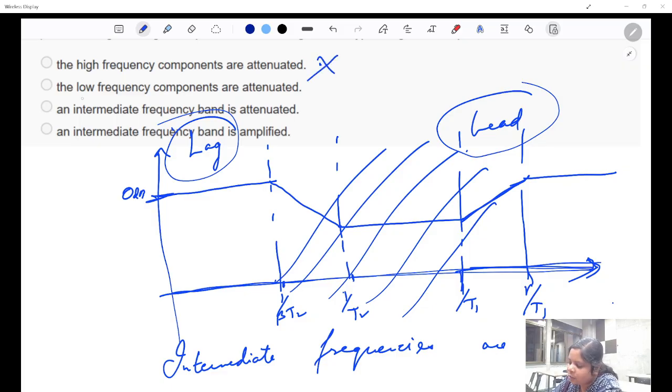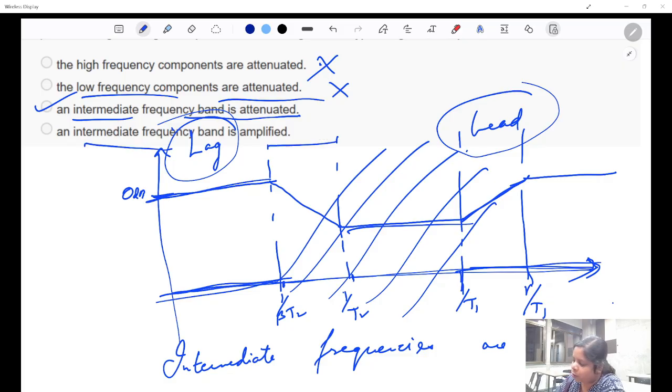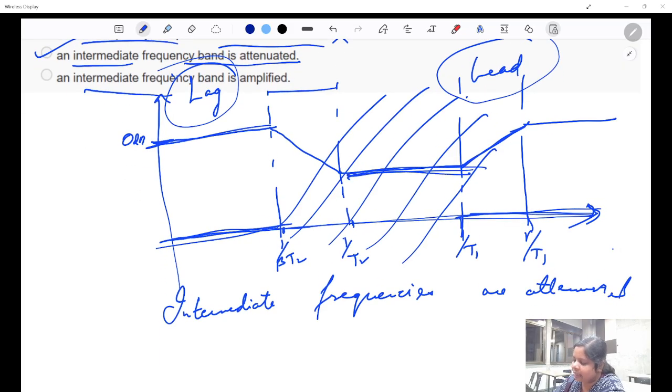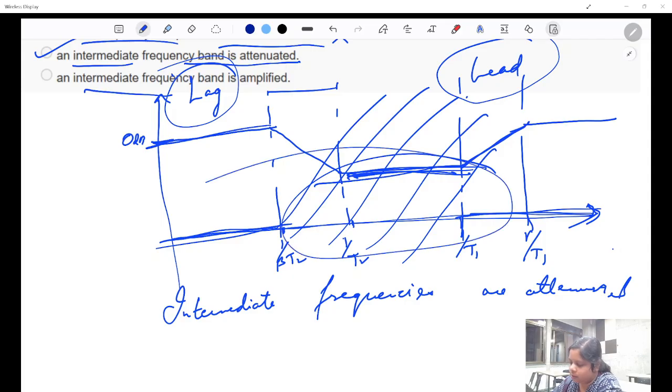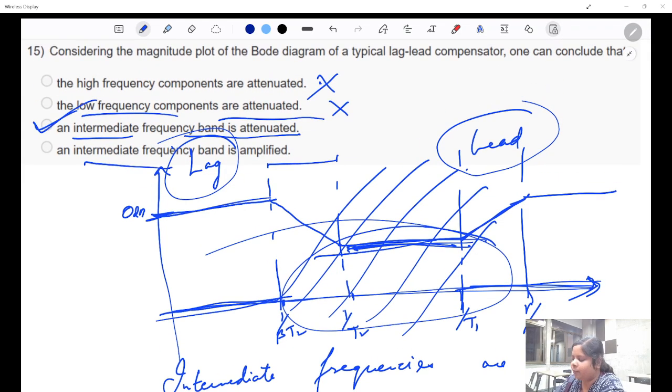The low frequency components are attenuated. Here also it is not attenuated because we are having a high gain over here, so this is also wrong. Intermediate frequency band is attenuated is correct because this is attenuated. The intermediate frequency band is amplified. No, it is not amplified because this has a very low gain, so we'll be able to attenuate this region. So the answer is intermediate frequency band is attenuated.